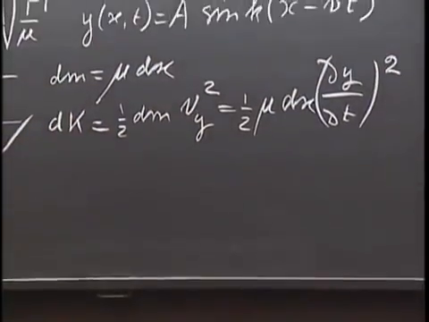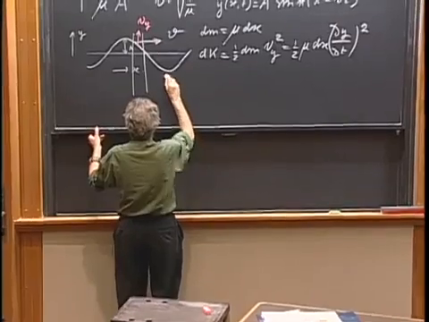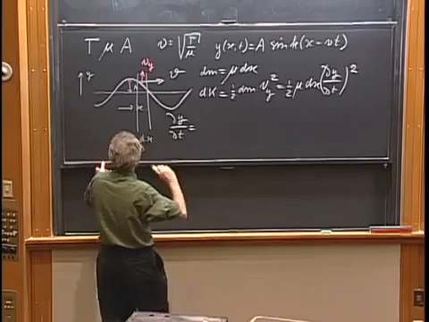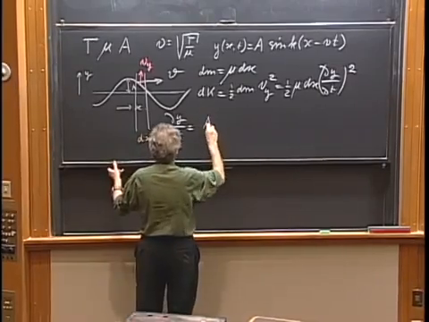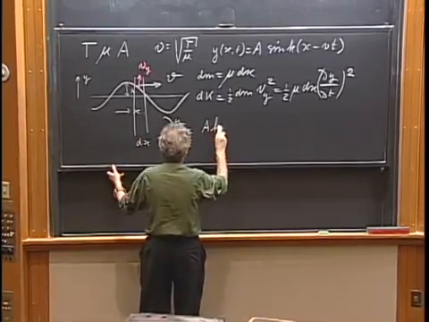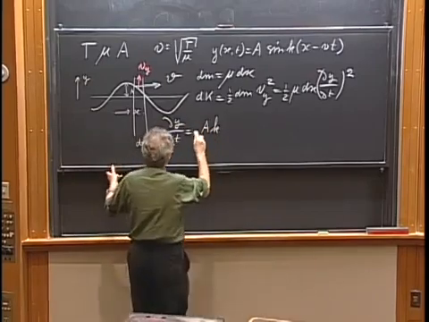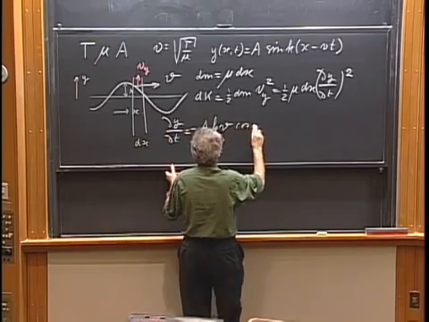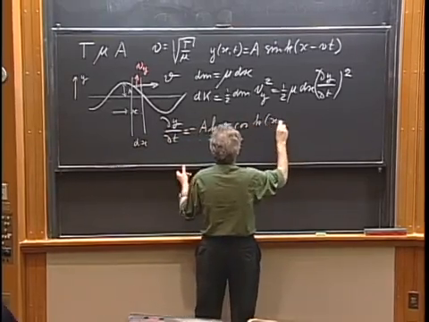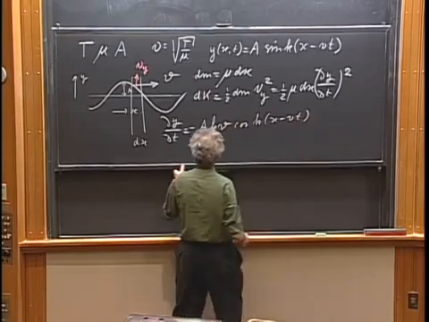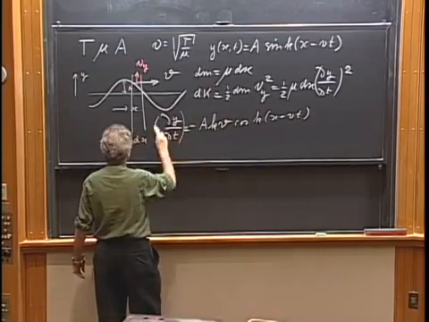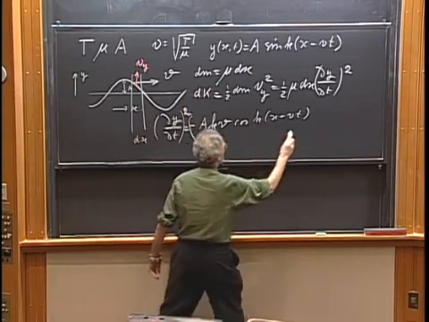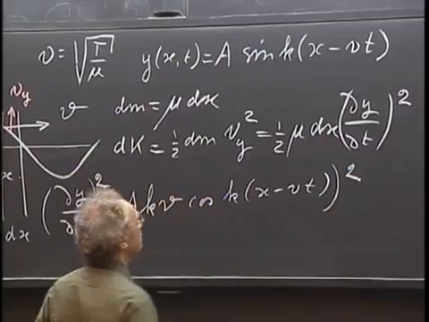Well, that's easy because we have the function there. So dy/dt equals, first I get A, then out pops a k, then out pops the minus v, and then the sine becomes a cosine. Cosine of k times (x minus vt). But I have to square that. So I have a square here, and I get a square here.